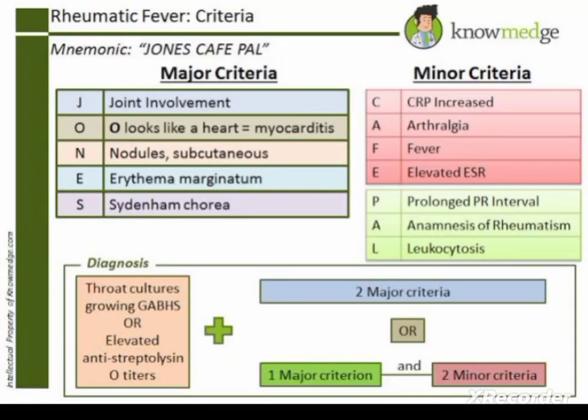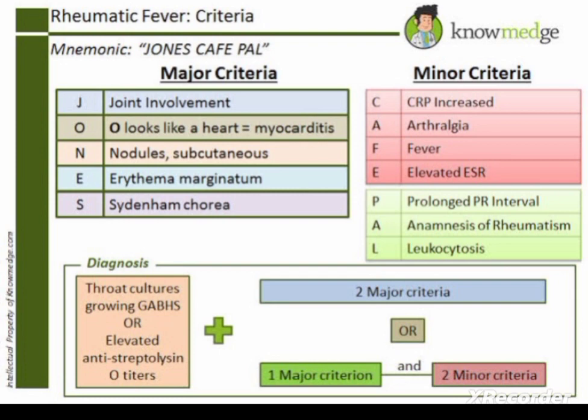Criteria of rheumatic fever. The criteria include two types: major criteria and minor criteria. Major criteria include joint involvement. The mnemonic for major criteria is JONES.